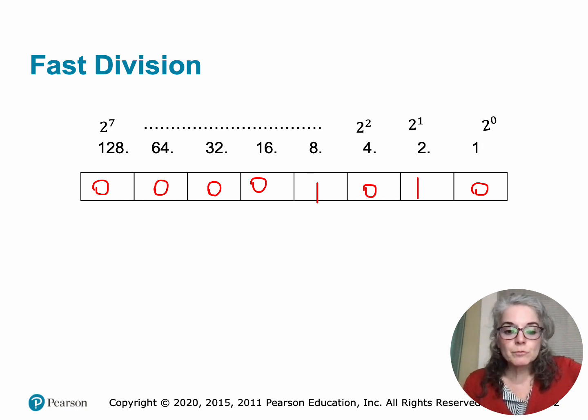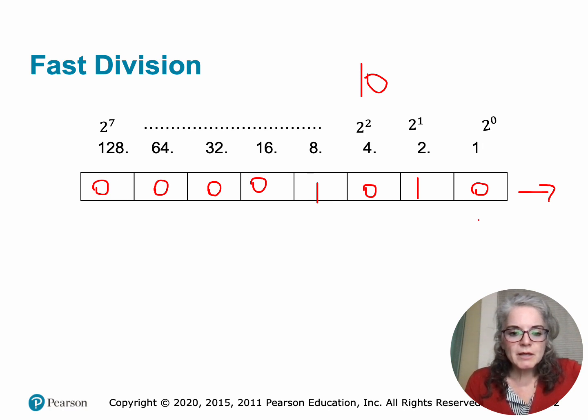I'm going to shift right. So I have 10 now. I'm going to shift right by 1. So when I shift right by 1, I should get a 5. So I'm shifting right, so my carry flag over here will be 0.